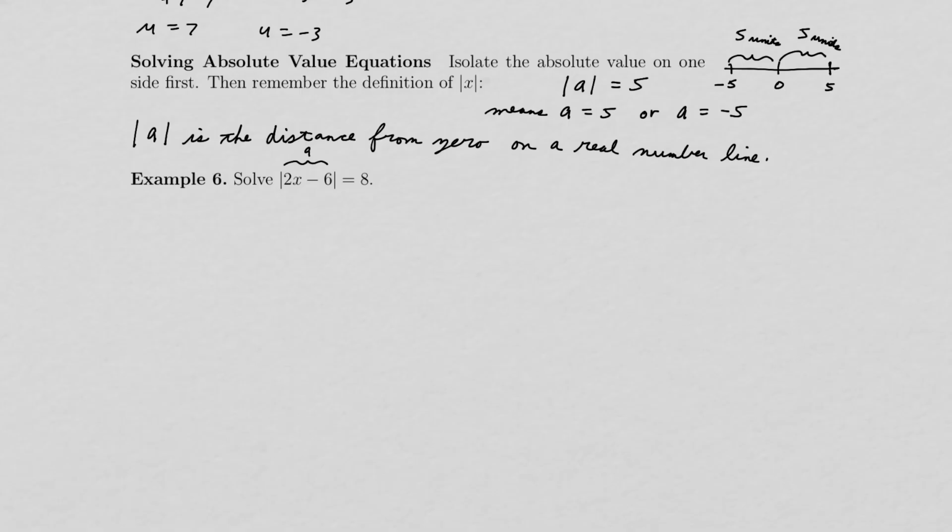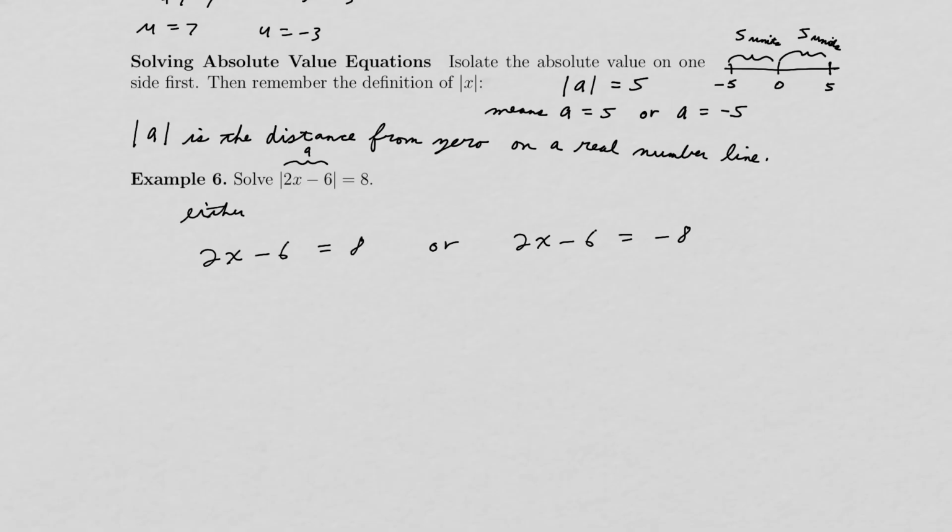If A is negative 8, then the absolute value of negative 8 is positive 8. They're both true. But the A here is an expression, so we have to account for both possibilities. We have to say either 2x minus 6 is equal to positive 8, or 2x minus 6 is equal to negative 8, because both will make that absolute value equation true.